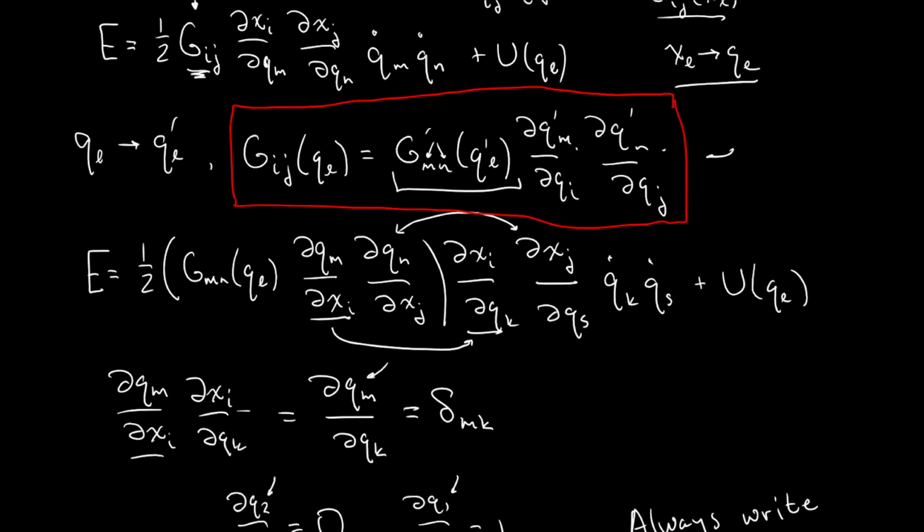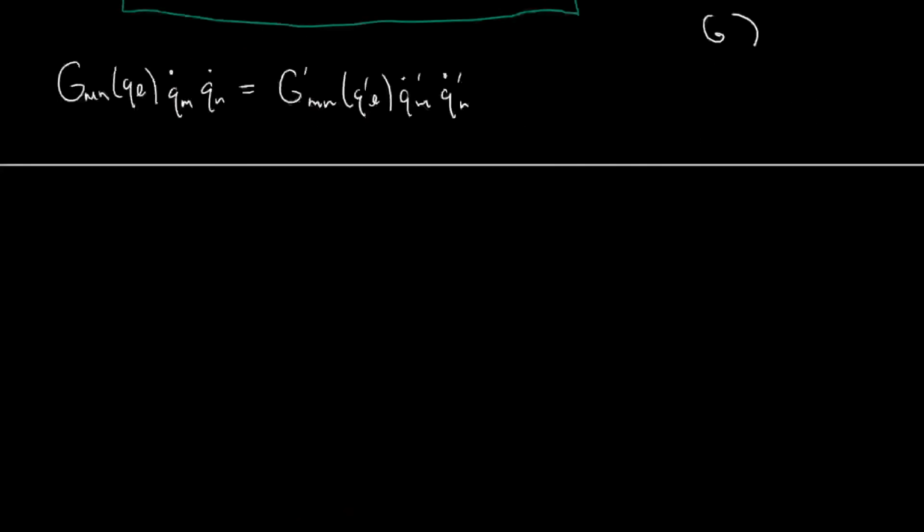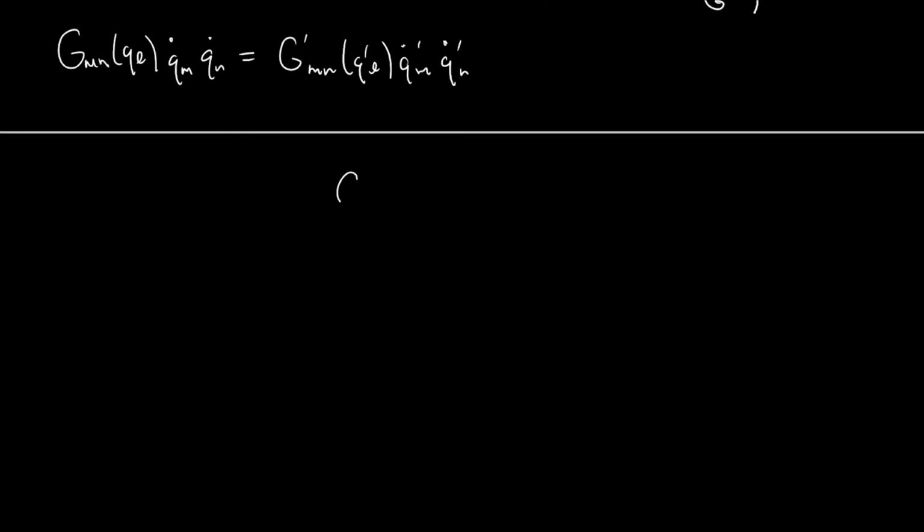You can see it as I'm taking derivatives of only q's in this transformation rule. And so the end result of that is essentially that g_ij is equal to g_ji.